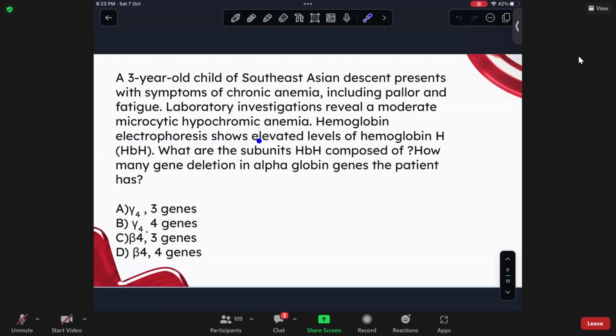Hemoglobin electrophoresis shows an elevated level of hemoglobin H. What are the subunits hemoglobin H is composed of, and how many alpha globin gene deletions does the patient have? What do you think? Yes, C, that's correct. Hemoglobin H is composed of 4 beta subunits, and they have 3 gene deletions.